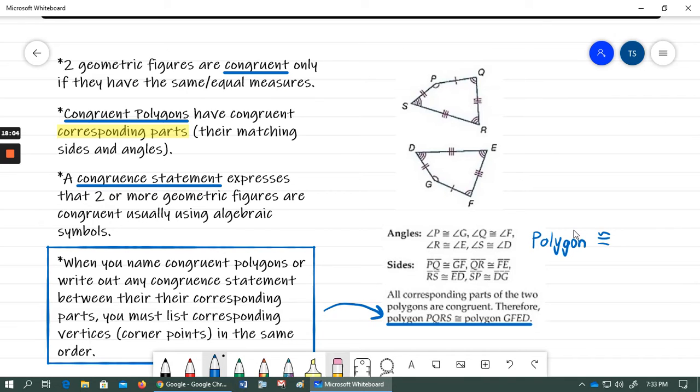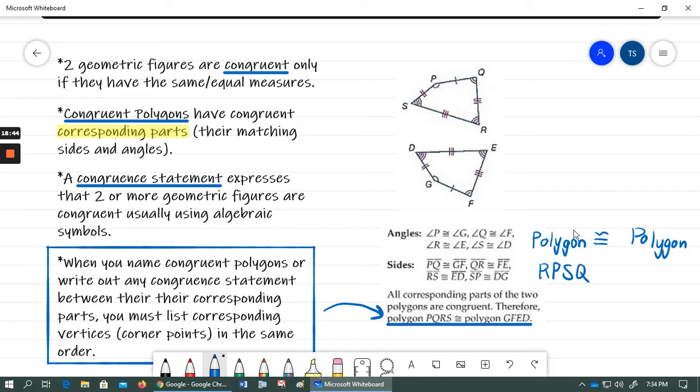I want to make it crystal clear that if we switched the order of those vertices for one of the polygons, like if we wanted to call it polygon RPSQ, you get what I'm saying? And we wanted to write a congruent statement with the other polygon, guess what? We would have to reorder those other vertices so that they matched up.